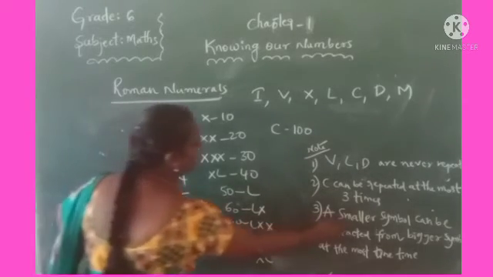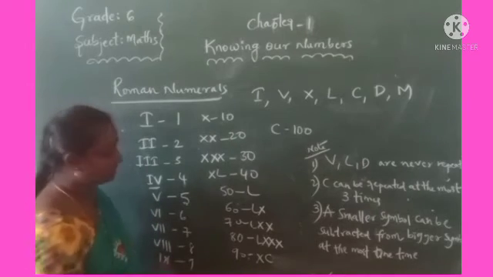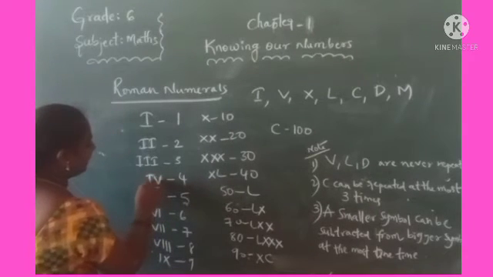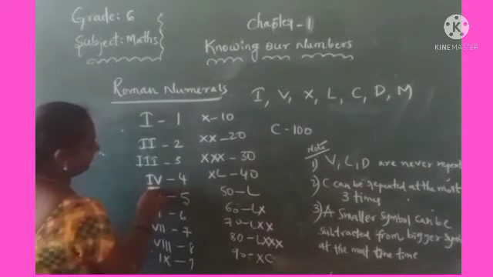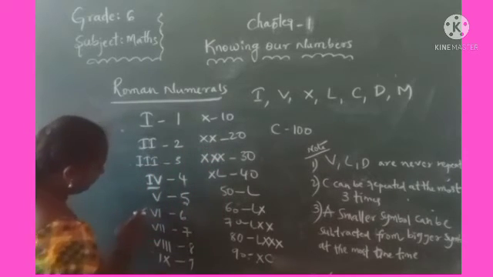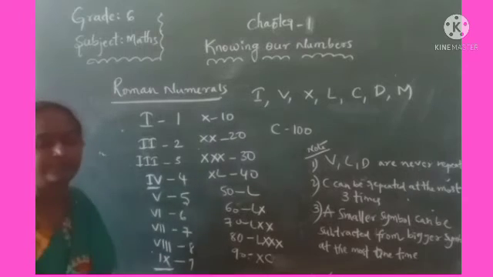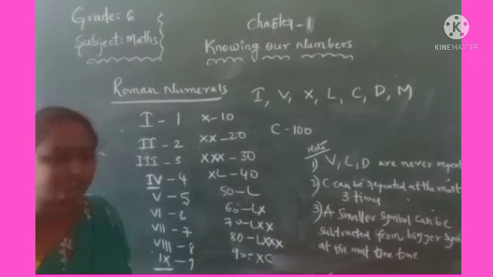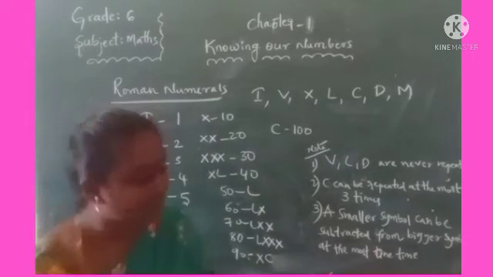Using this kind, a smaller symbol can be subtracted from the bigger symbol. So this I can be subtracted from V, and I can be subtracted from V and X. So that condition also you have to remember. So here I am writing that one.